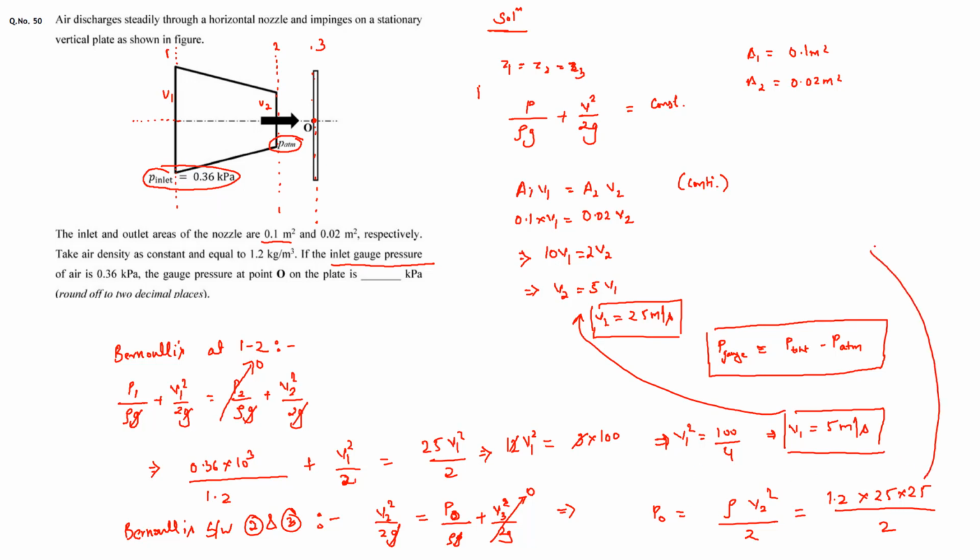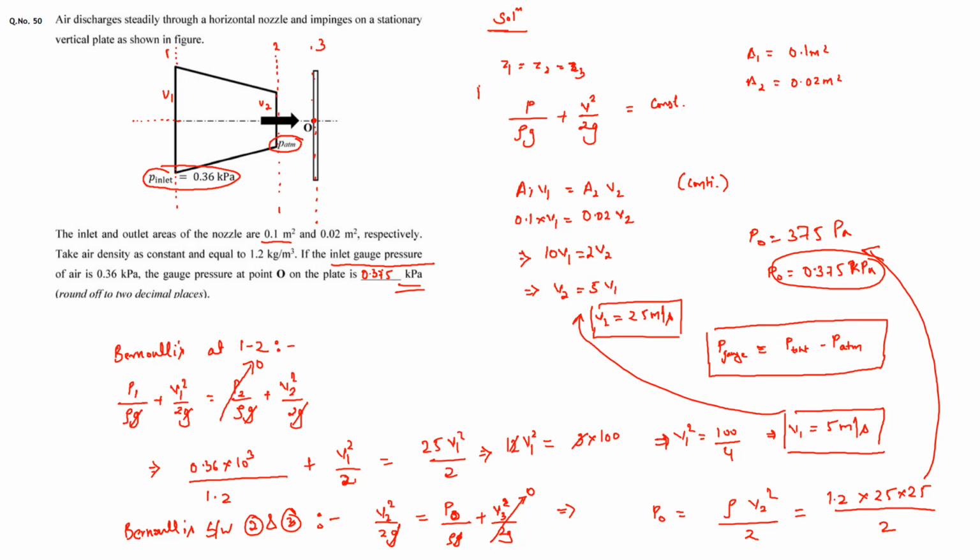But again, okay, let me just write it here. P naught will be 375, but this is in pascals. Yeah. So now, 0.375 kPa. So you just divide by 1000 and just say that this is 0.375 kilopascal. Yeah.